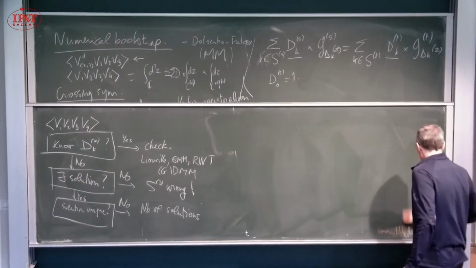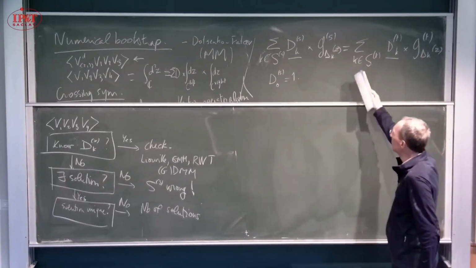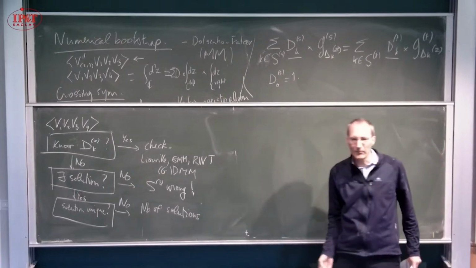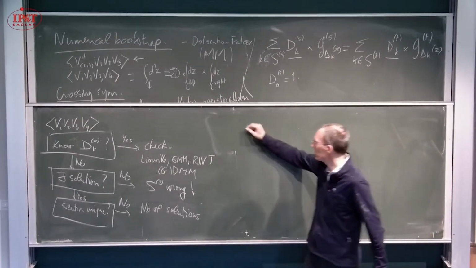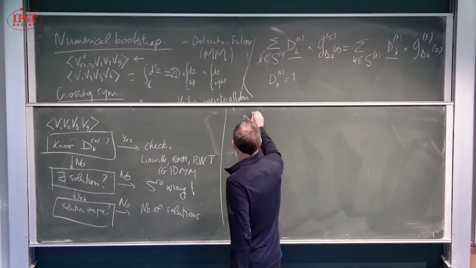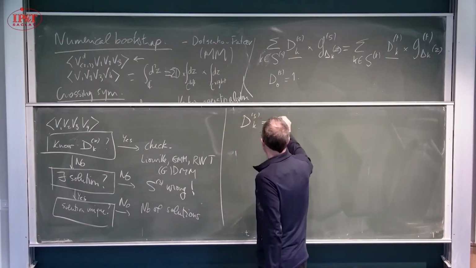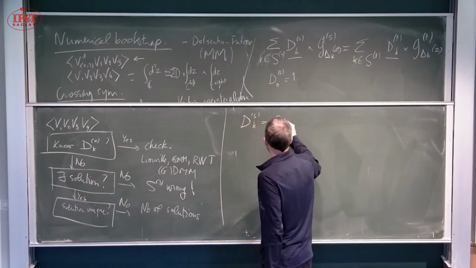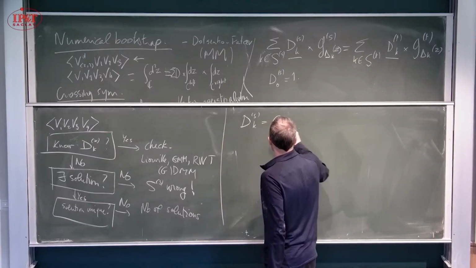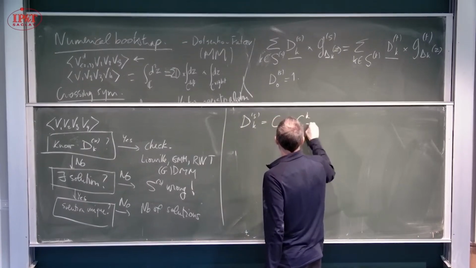Okay, so that's all I want to say a priori on this linear system. And now there remains the question, indeed, of factorizing the 4-point structure constants, for example in the channel, in terms of 3-point structure constants, something like C1K, CK4.